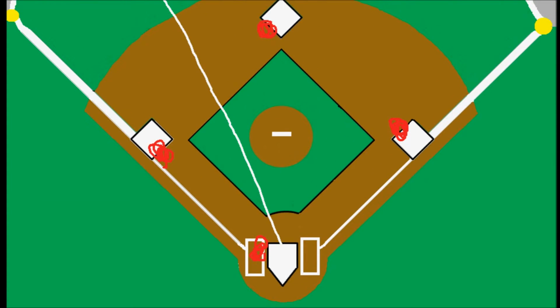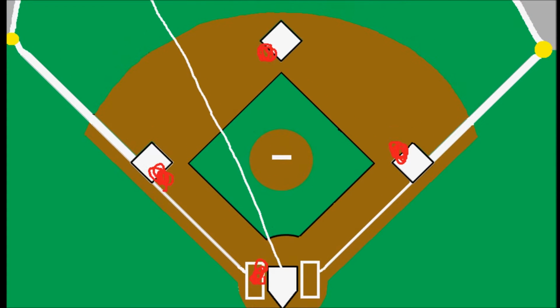So that's the safe hit, and the other part of this is it doesn't actually have to be a hit. It can also be an out. In the case that it would be an out, it would be something like a sacrifice bunt or a sacrifice fly.